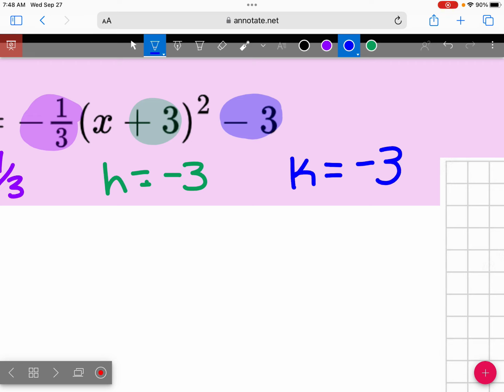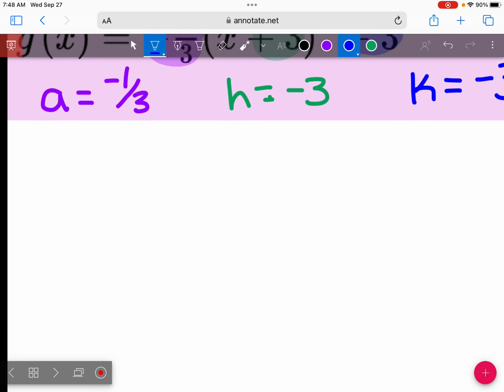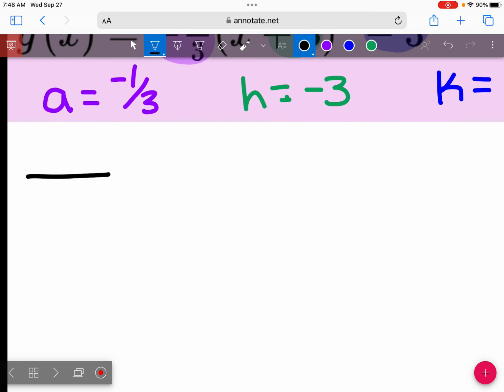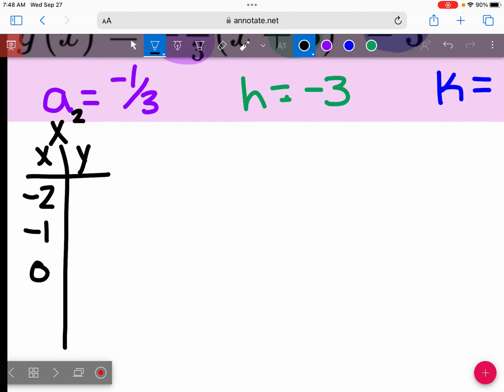Our parent function is exactly the same as the last one. It's an x squared. So we pick x's to find y's. We take that good view of the middle: -2, -1, 0, 1, and 2.